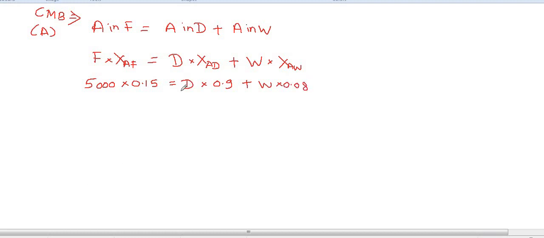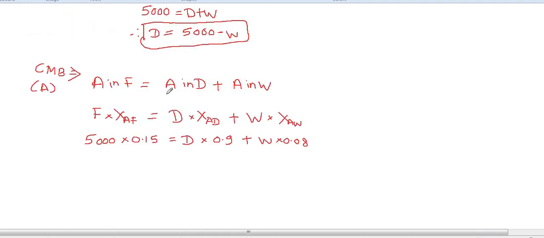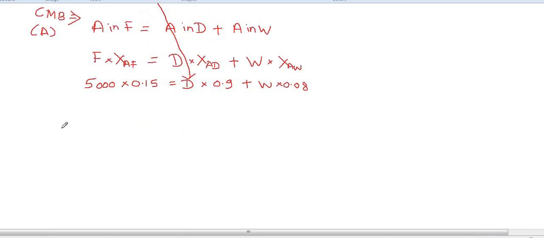Okay, so here now in this equation we will put the value of D from the first equation. So we put this value of D here, and from that we get 5000 into 0.15, how much is it coming?